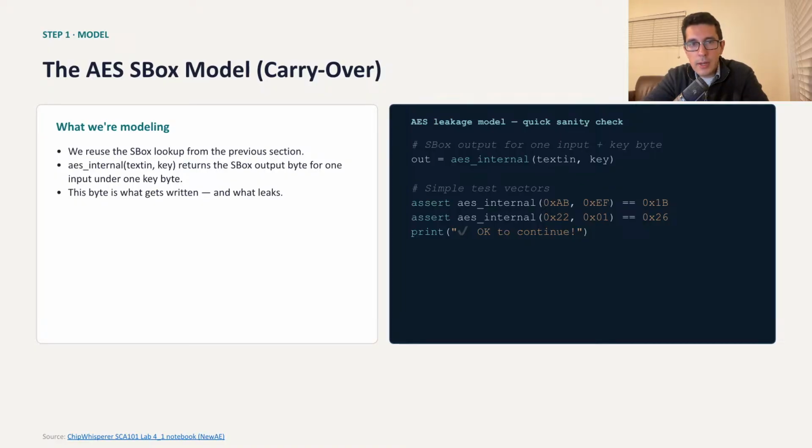The notebook sanity checks this model with a couple of test vectors. AES internal AB, EF should be 1B, and AES internal 22, 01 should be 26. Once those asserts pass, we know the math that feeds our leakage model is correct and we're safe to move on.